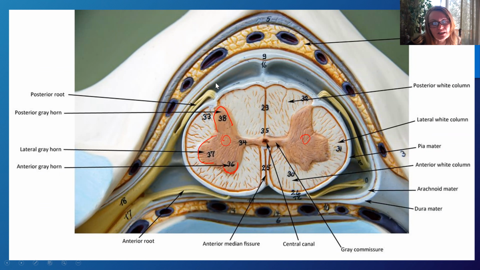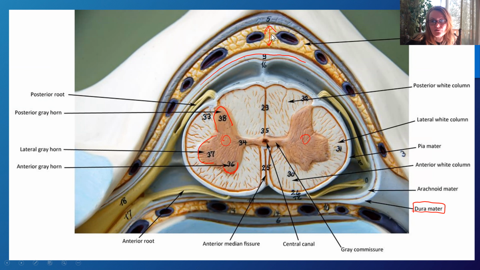We can see in this diagram, and we will get back to it when we talk about the peripheral nervous system and nerves, the coverings of the spinal cord. Look at this blue stuff over here, number 9, this is the dura mater. Above it, this part here, is the epidural space, and it has a lot of fat and blood vessels like veins.